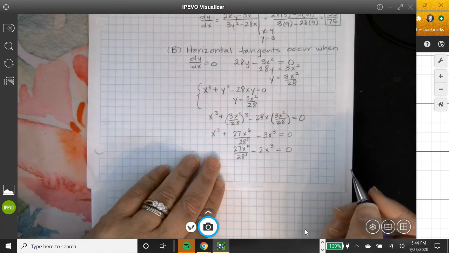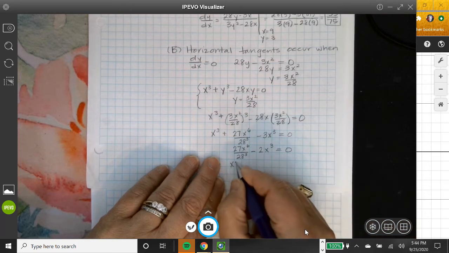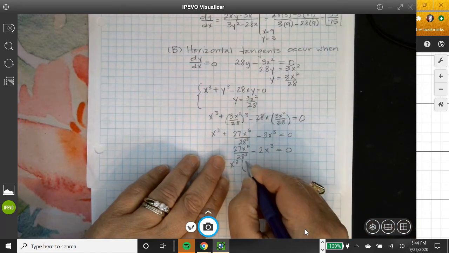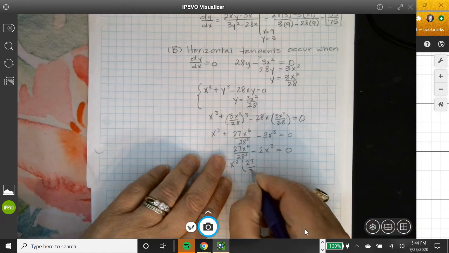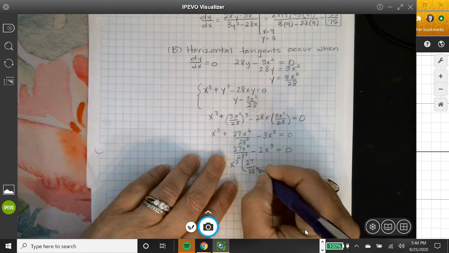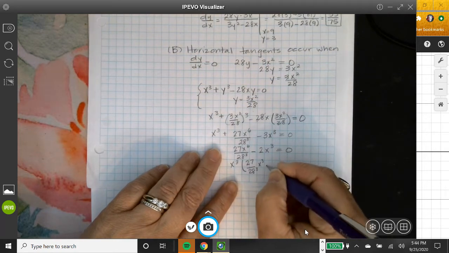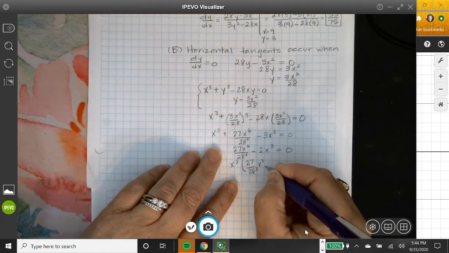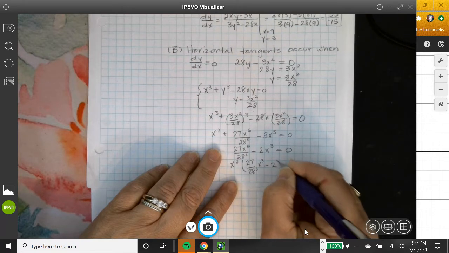And I can factor out an x to the 3rd. x to the 3rd times 27 over 28 cubed, x to the 3rd, minus 2 equals 0.